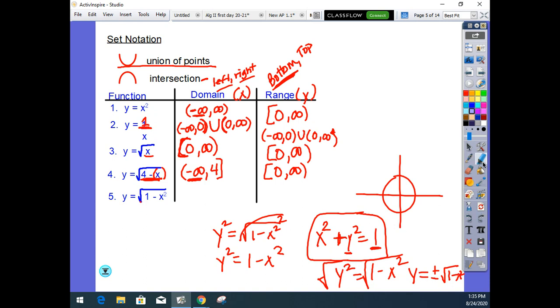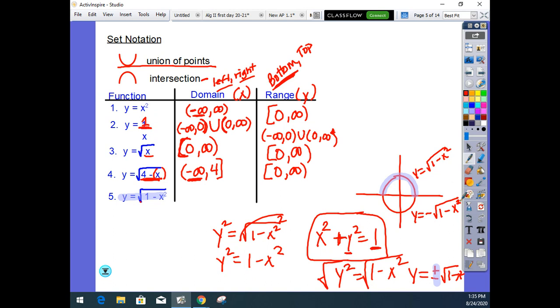You always need a plus or minus when you take the square root of an equation. Notice though, this equation doesn't include it. It's just talking about the positive side. It's talking about the positive portion of the circle. See, this top is y equals the square root of 1 minus x squared. The bottom part of the circle is negative square root of 1 minus x squared.